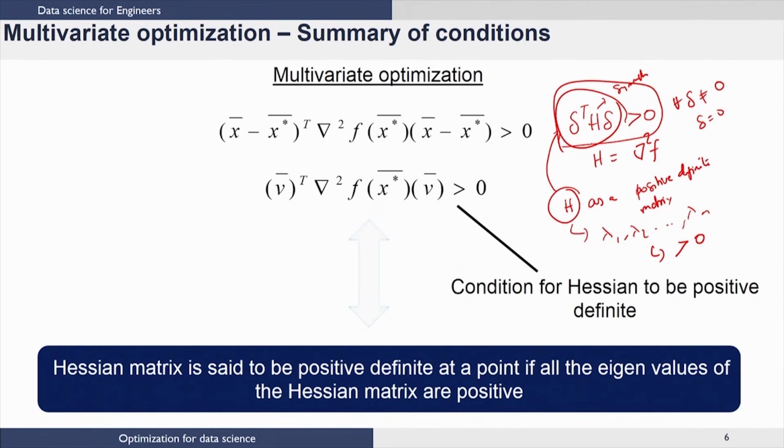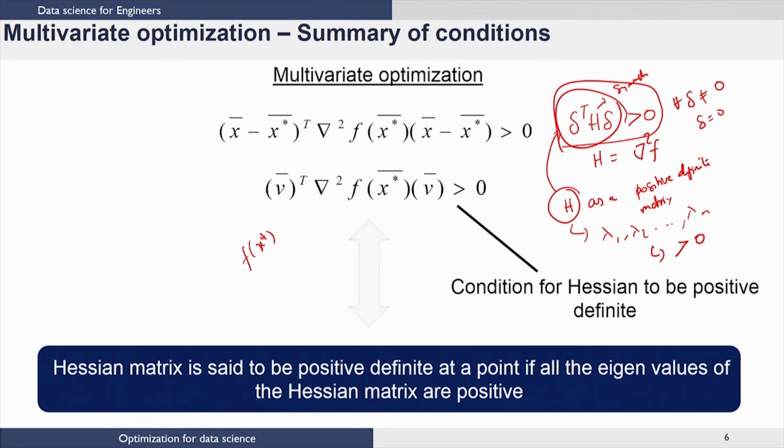We want this because we want f of x star to be the lowest value in its neighborhood, and that we said will happen if this is positive for every delta. That condition can be translated to H being positive definite, and H being positive definite can be translated to the condition that lambda 1 to lambda n, the n eigenvalues of H, are strictly greater than 0.